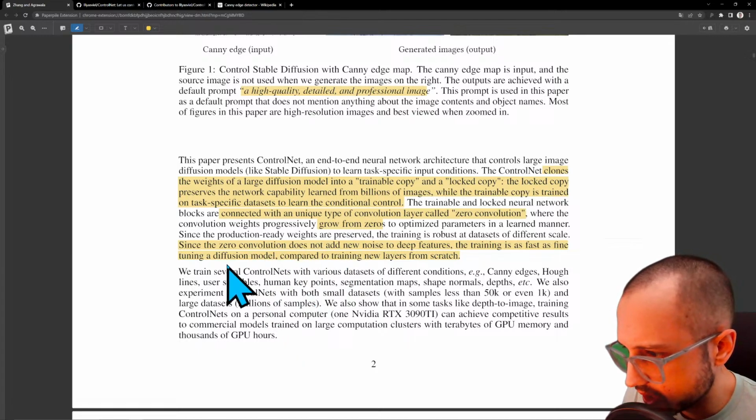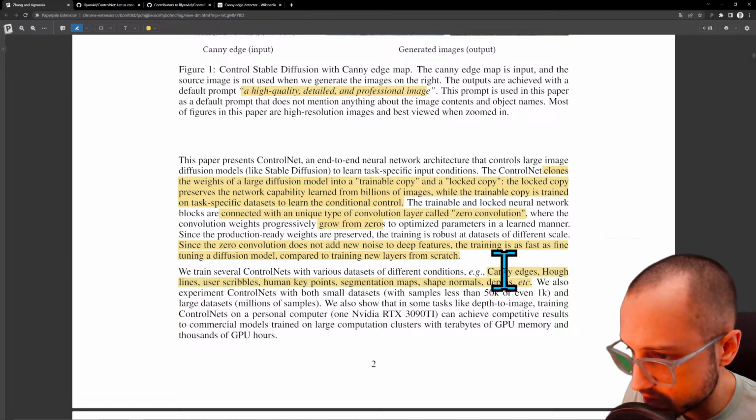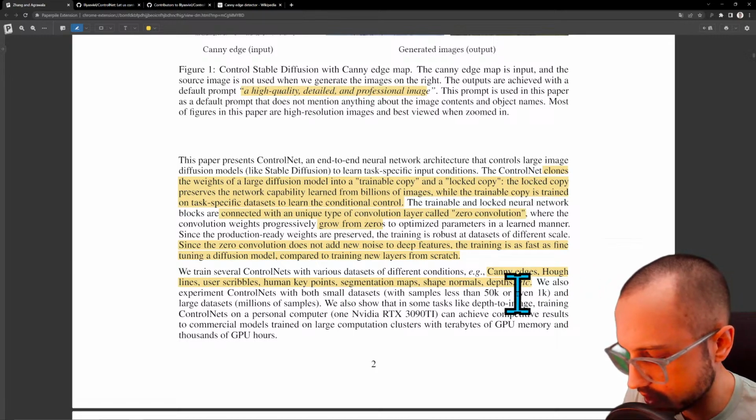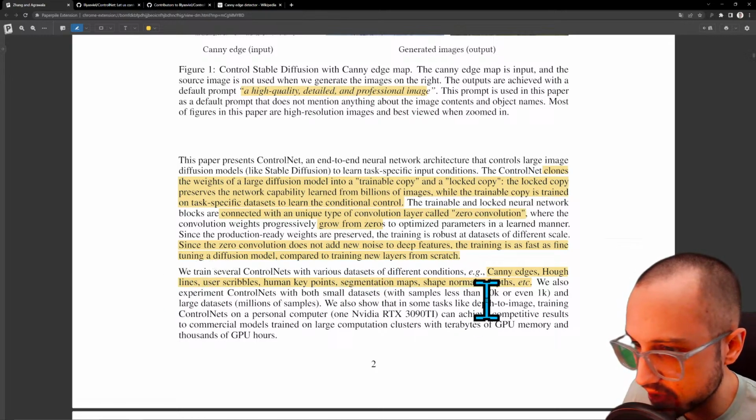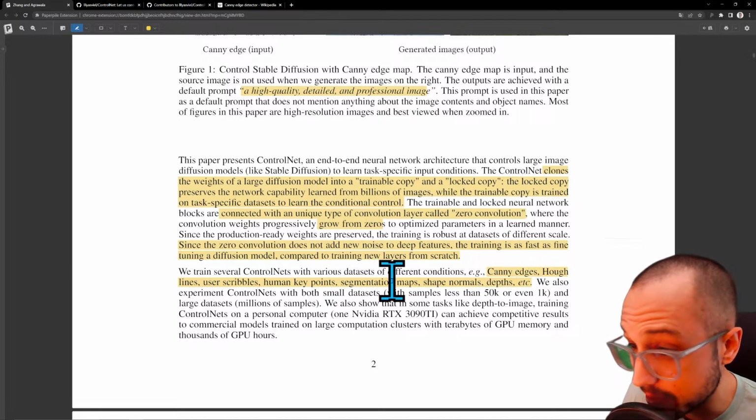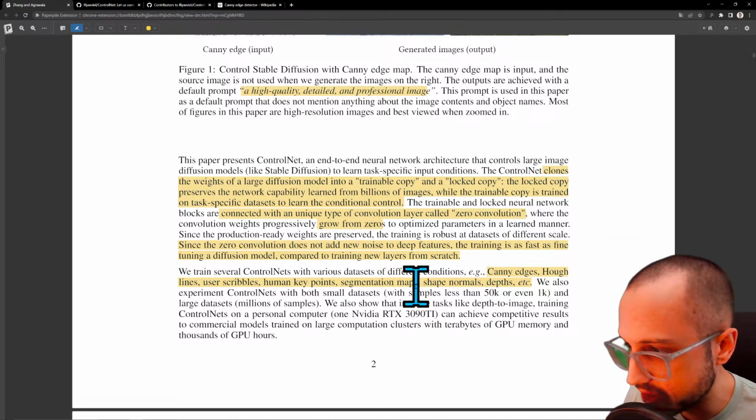We train several control nets with various data sets of different conditions. Okay, so Canny edges, Hough lines, user scribbles, human key points, segmentation maps, shape normals, depth. I don't know if labels is the right word, but basically key points and segmentation maps have normally been the output. For most of computer vision, you're given an image and you want an edge map, or a segmentation, or normals, or a depth image, or key points.